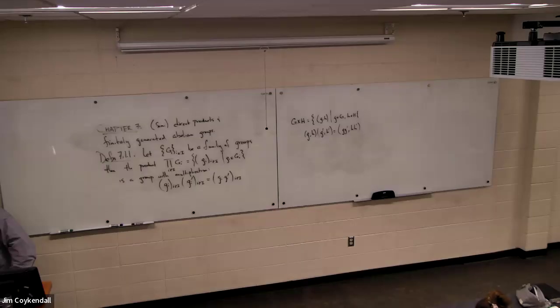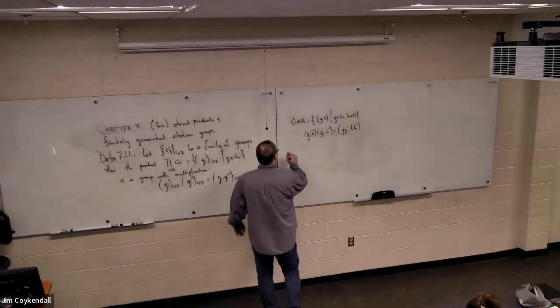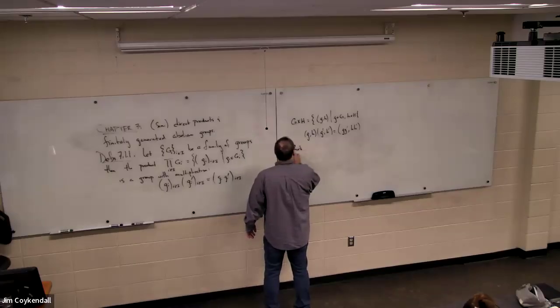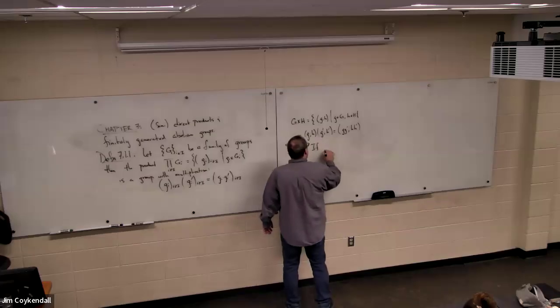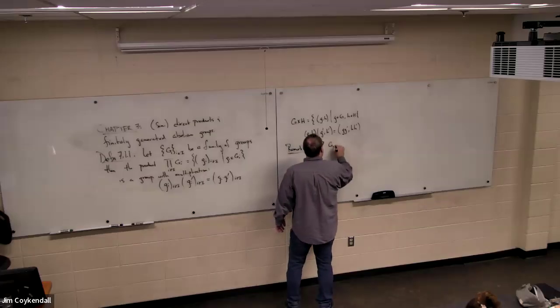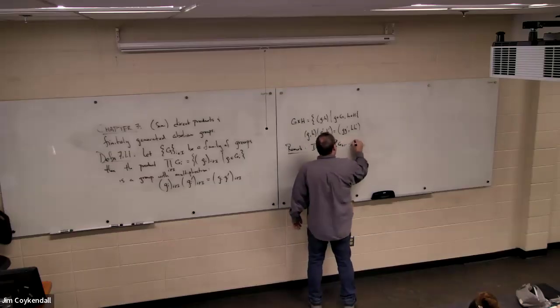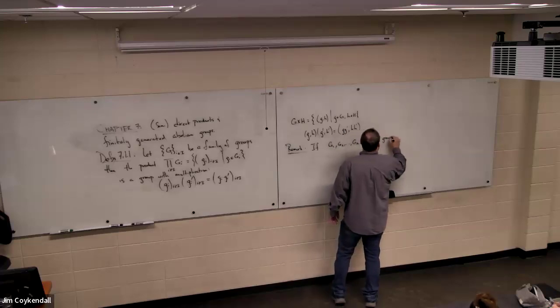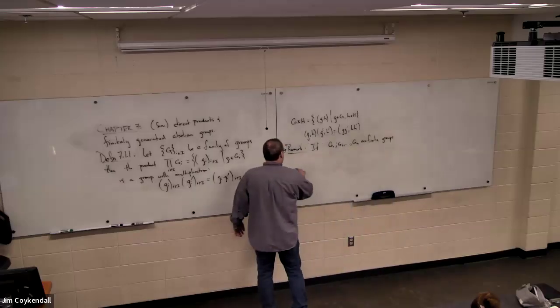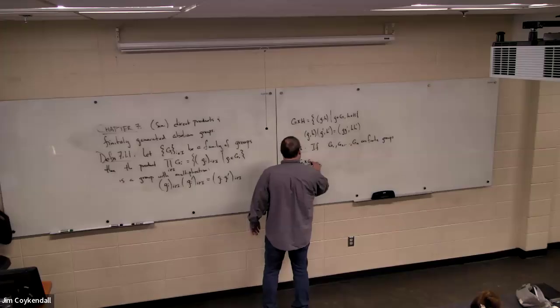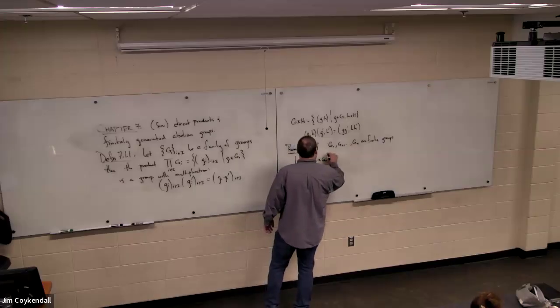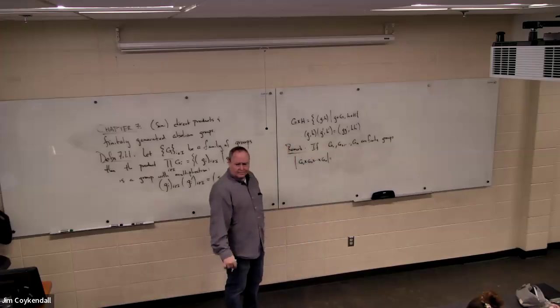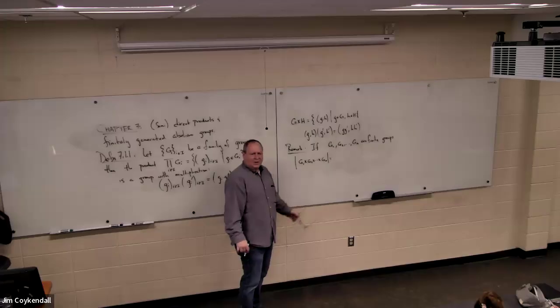Let me make a couple of remarks. If G1, G2 up to Gn are finite groups, actually don't even really need finite here, but it's most meaningful if I do that, then this isn't really a group theory thing.